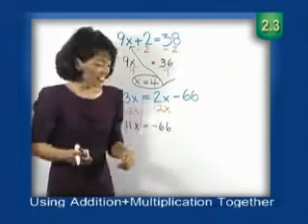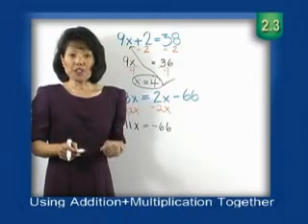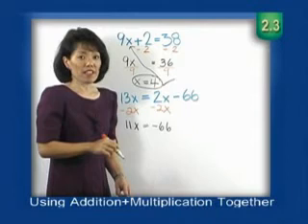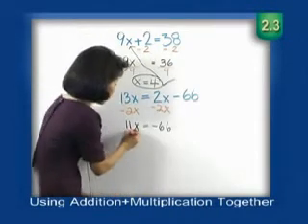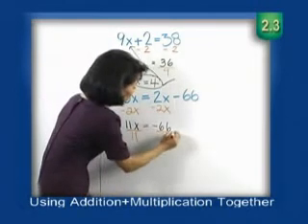So far, so good? Now we're almost there. We've got 11x here. All we need to do is isolate that x. Since it's 11 times x, we know that division undoes multiplication. So we'll divide both sides by 11.